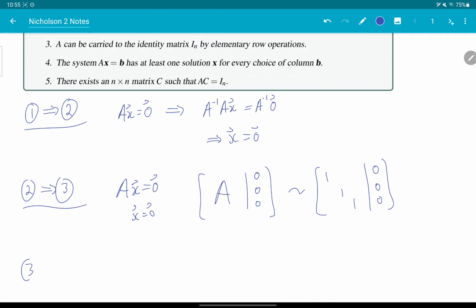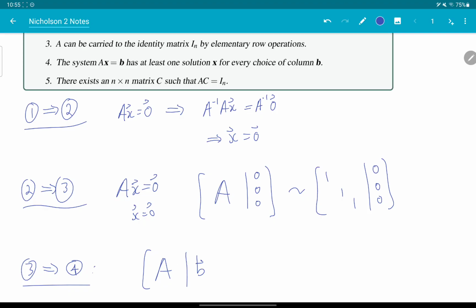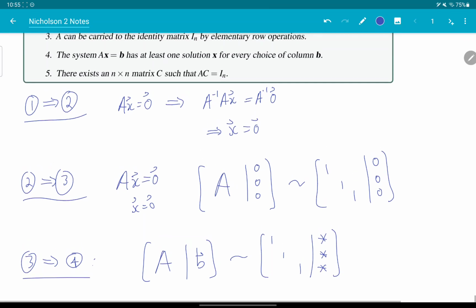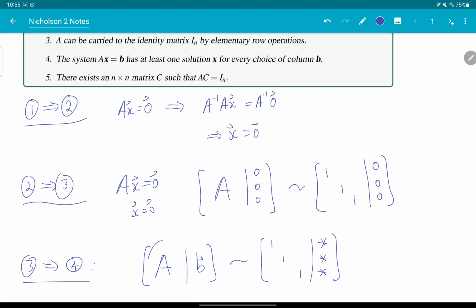Okay, how about 3 implies 4? Now I'm going to have my A and my B here in an augmented matrix, and it has at least one solution. Well, I know that when I reduce this, I'm going to get something like this. I'm assuming that 3 is true, that the matrix A can be reduced to the identity.